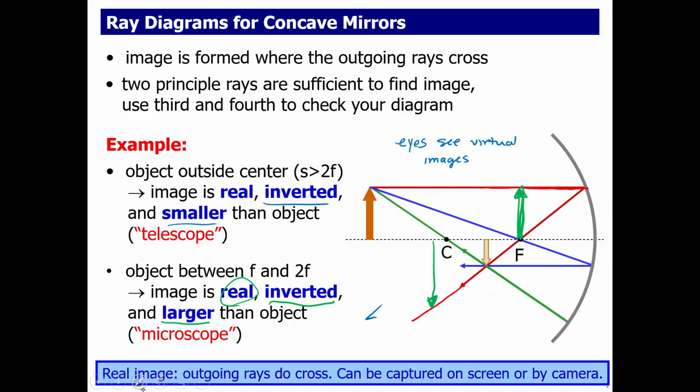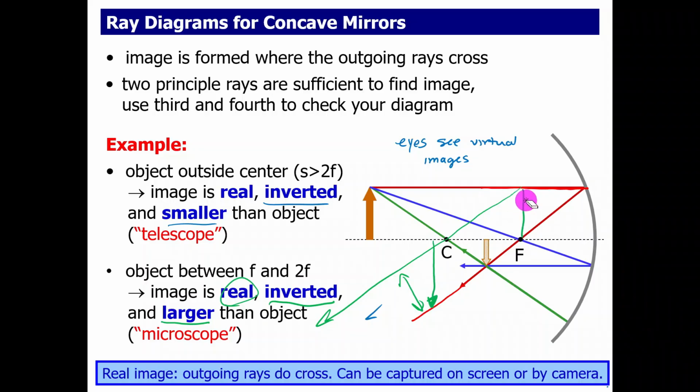And if you were going to try and do 3, if you go through the center of curvature, it goes that way. Well, it's never going to reflect back on itself. And you can see that these rays are parallel. And so if you put an object at the focal point, you actually won't be able to see it. No image is going to be formed when you are at the focal point. You'll be able to see that in your lab.